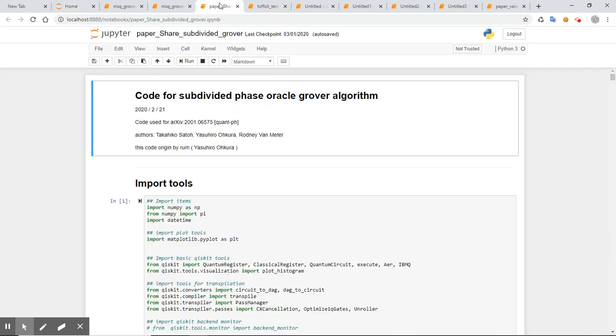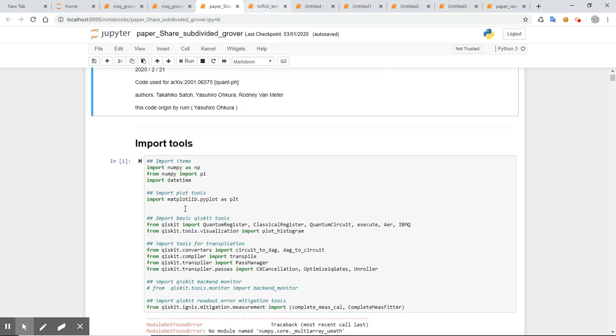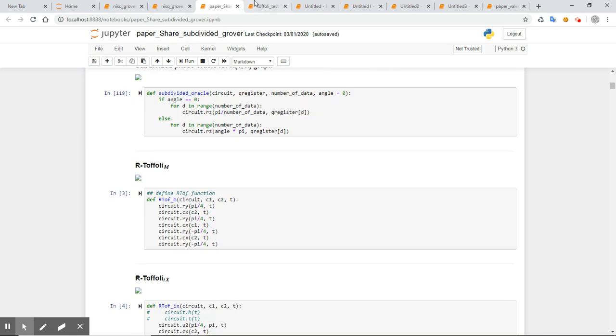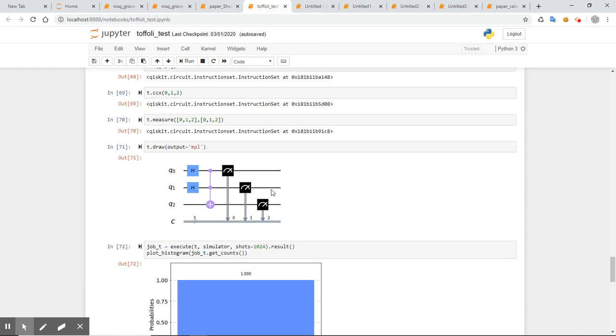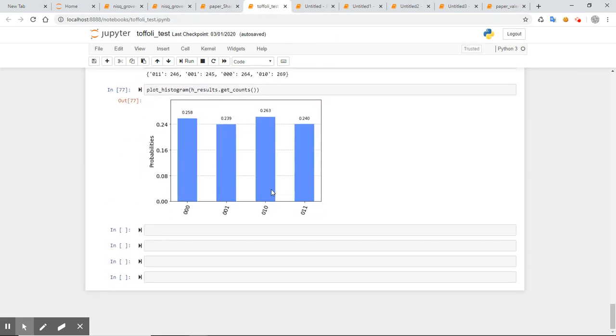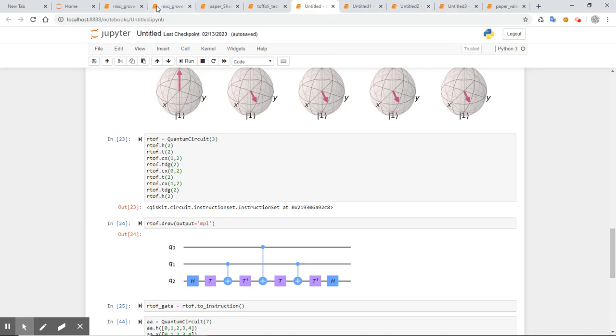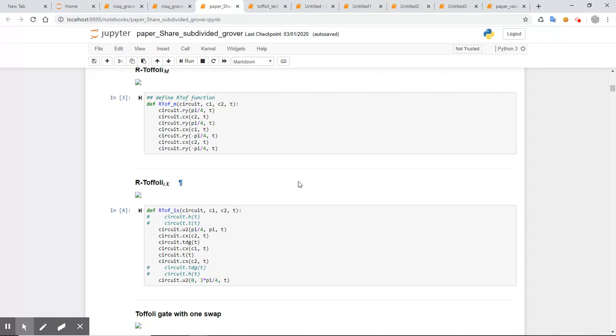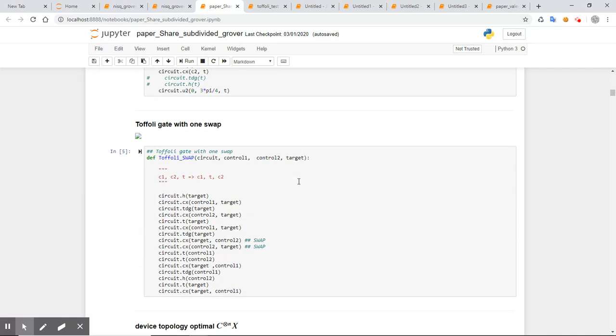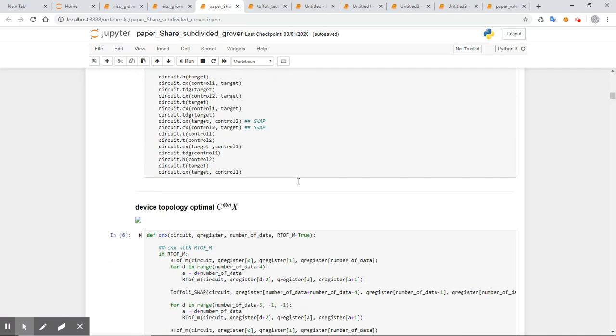Anyway, my goal with this video is to keep going with the comparison. I think the next step would be that I compare the, because if I take a look, I compared the Toffoli M, the Toffoli IX, and the Toffoli gate with one swap has been compared as well.